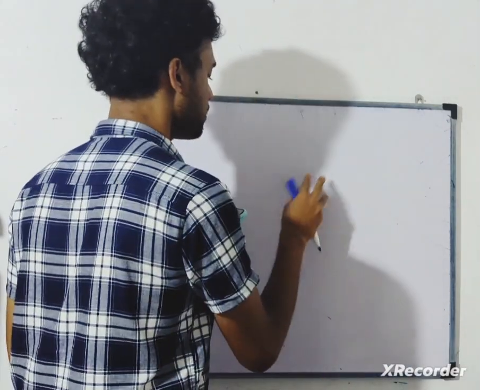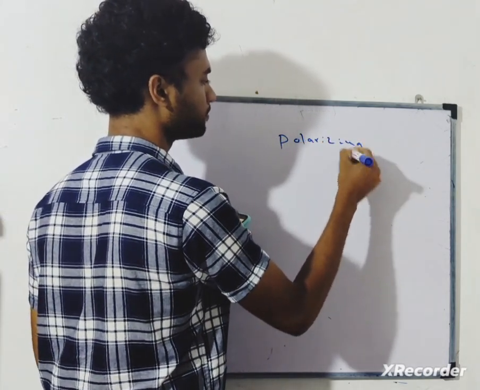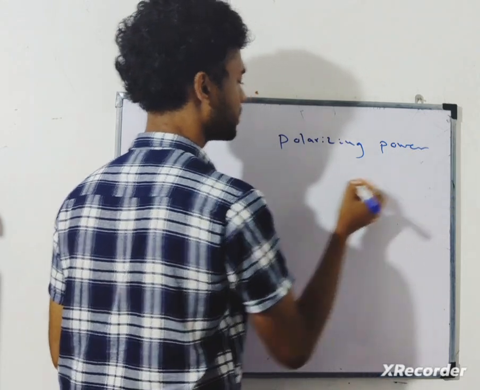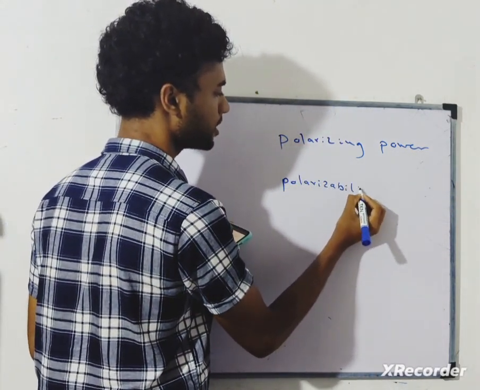Okay, let's see this. Increasing order of the covalent character, right? How can you do such a question? Now listen. Polarizing power and polarizability. These are very important words.